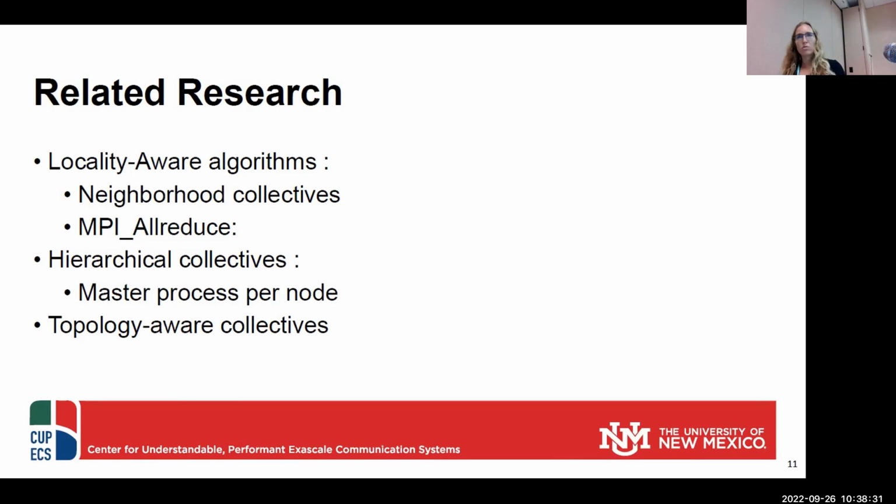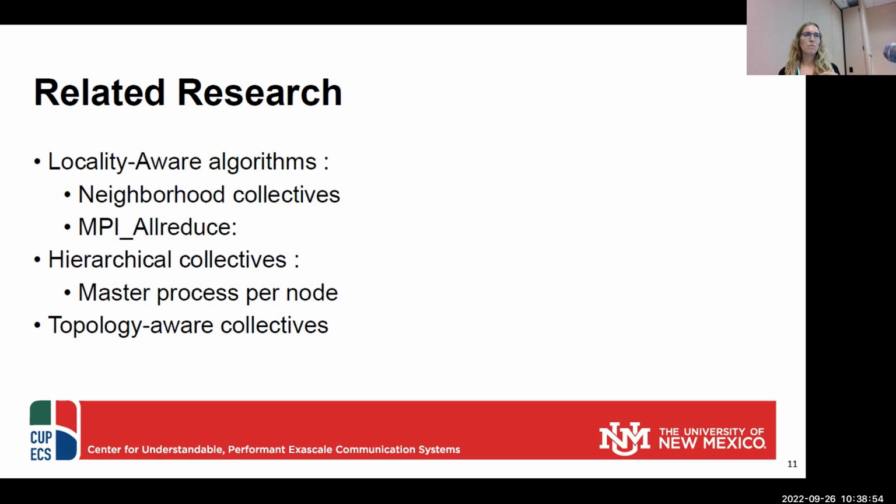So related research: locality-aware algorithms have been looked at in a bunch of different areas. So neighborhood collectives, aggregating on nodes to reduce internode communication. Similar research was looked at for the allreduce and recursive doubling. I think there's going to be a talk later in the section that's actually on a node-aware algorithm as well. There's also hierarchical collectives.